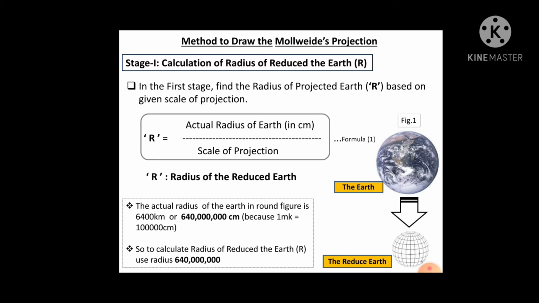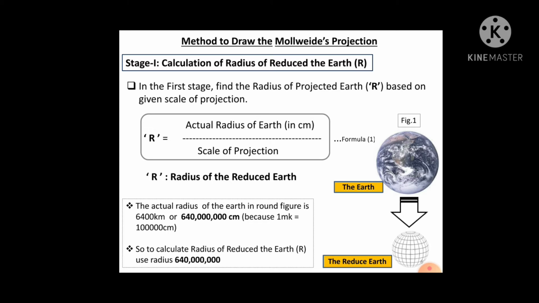Now stage-wise, as I told you, the entire theory of this projection has been explained in the form of stages to understand it very well. So you have to go step by step.